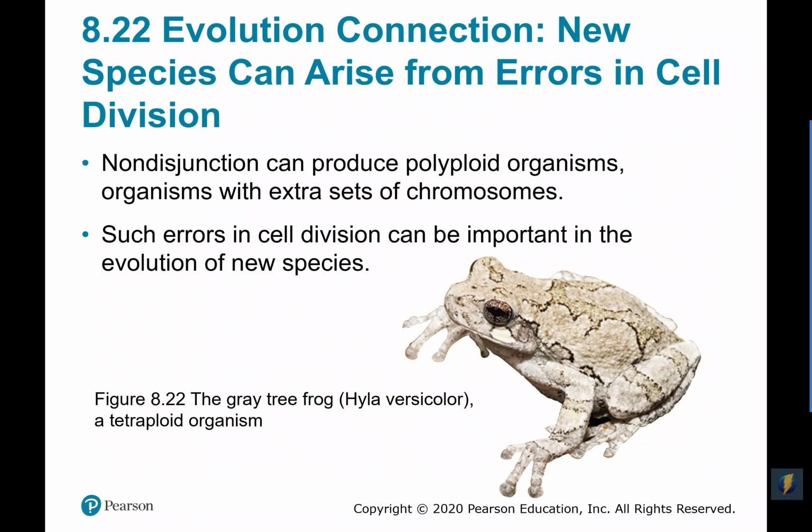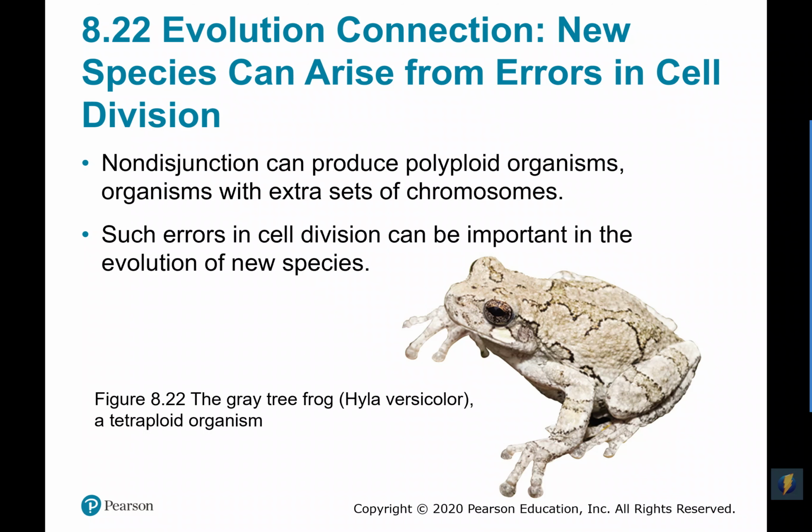And the really amazing thing that happens in terms of mistakes, shall we say, in cell division, is that you can get what are called polyploid organisms, organisms that have extra sets of chromosomes.